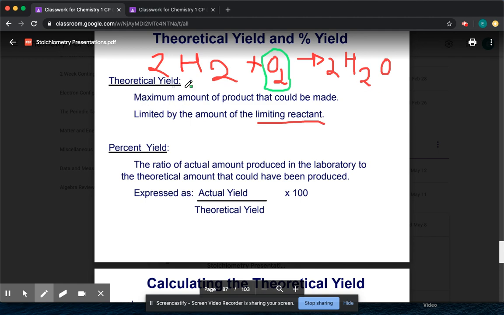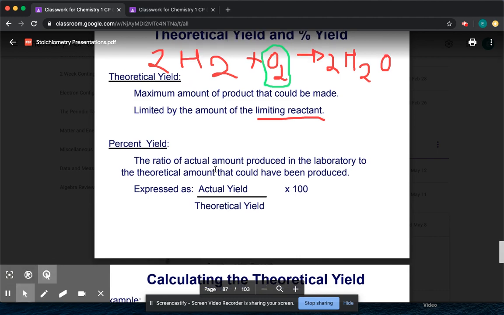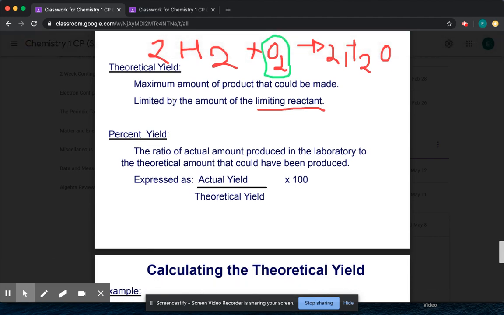So what I could theoretically get has to be based on which ingredient I'm going to run out of first. I need to do my calculations based off of hydrogen. That is how you calculate theoretical yield, and we'll go through an example now.